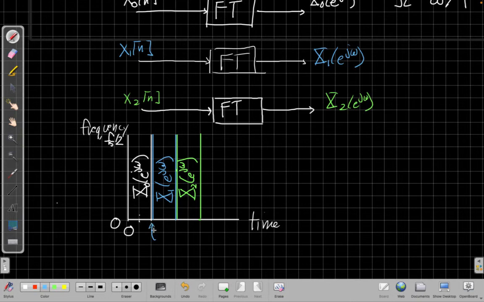So this point here would be N over 2 times T. The next one would be N times T. And so I can label the time axis in seconds, and if I rescale the omegas so that 0 to pi maps to 0 to Fs over 2, I'll get the frequencies here. And so that's conceptually what's going on here.